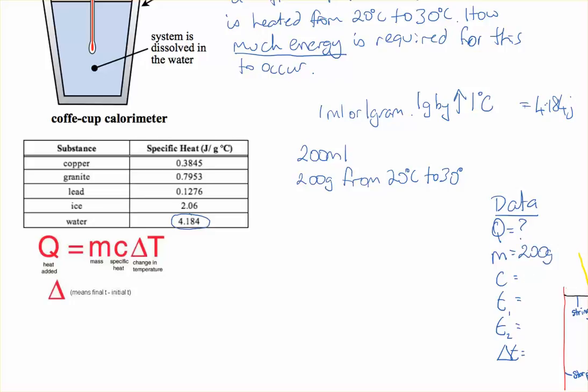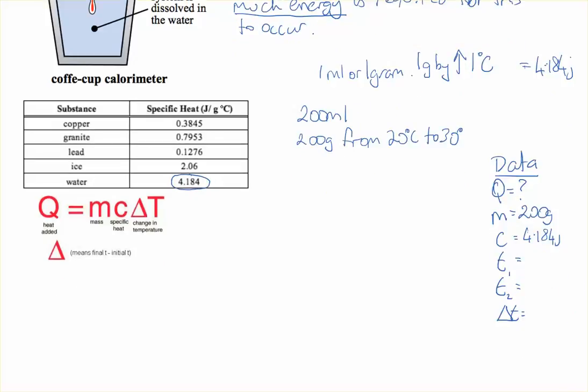C is the specific heat, and those are a constant. For water it's 4.184 joules. The starting temperature, T1, was 20 degrees Celsius, and the final temperature is 30 degrees Celsius, so the change in temperature is the difference between them, which is 10 degrees Celsius.